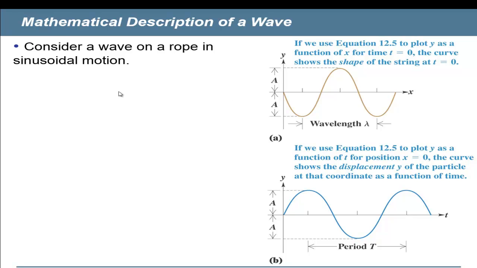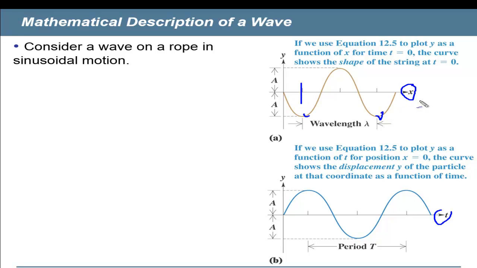Okay, so now we have the wave speed. Let's talk about how we can describe a wave mathematically. A little bit ago, I was talking about if we had different plots here, with a different independent variable, like x here and t here, we had different measures between our troughs.